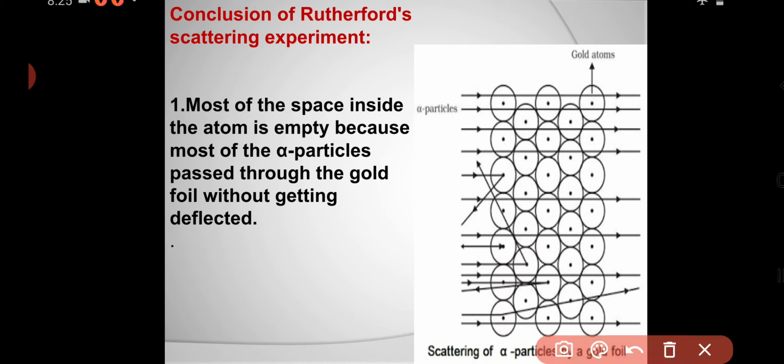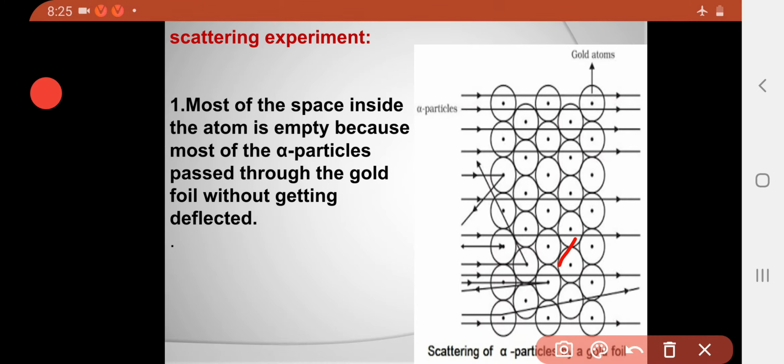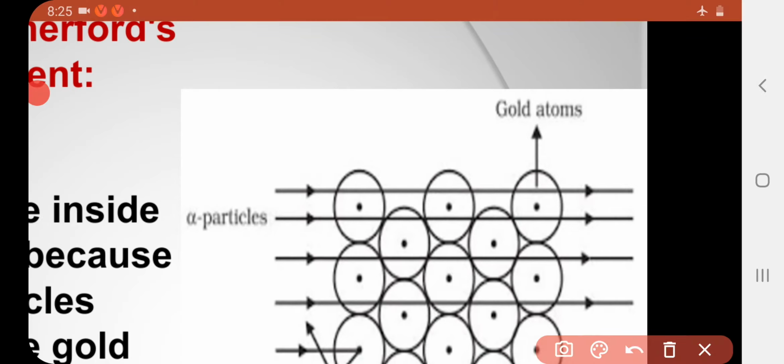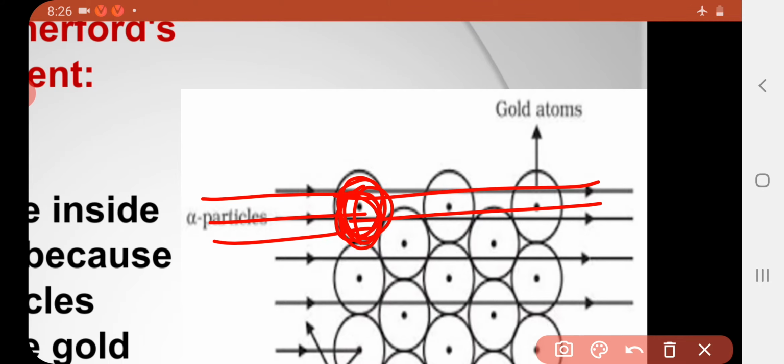So if you take an atom, most of the part of this atom is empty. That's why when we pass the alpha particles, most of them move straight without any deviation.